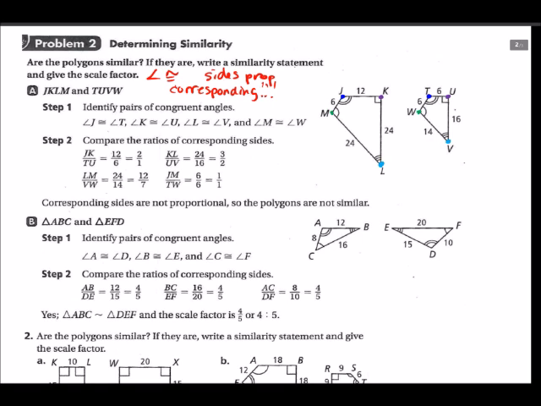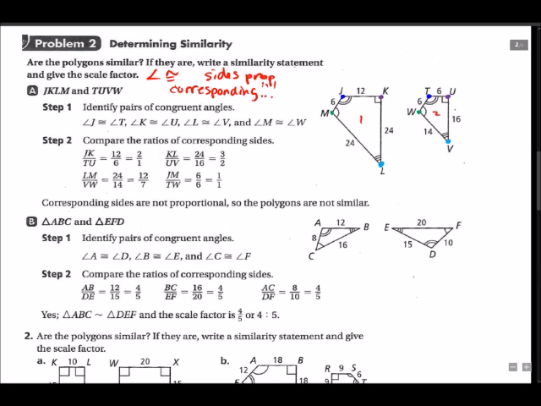So check. Now we have to determine, are the corresponding sides proportional? And again, this is why I like color. So we've got figure 1, figure 2. We're going to put figure 1 on top, figure 2 on the bottom, which is what we decided. So here they start out with JK, blue to purple, and blue to purple is TU.